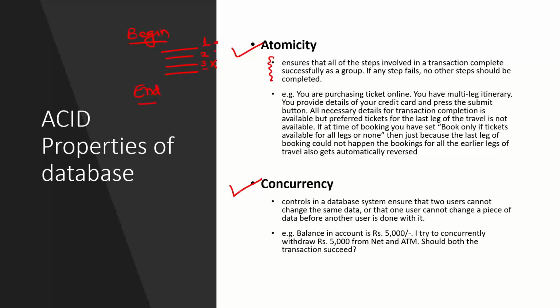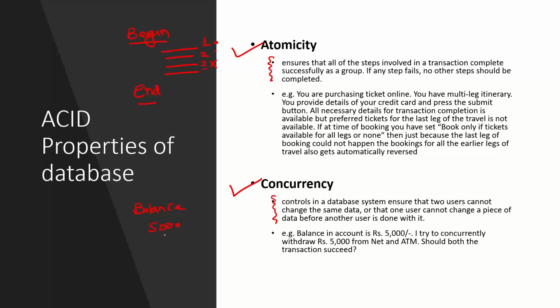Second is concurrency. What it means is two users cannot change the same data at one given point of time. Let's take a simple example. The balance in my account, in an account table, is say 5,000 rupees. I try to do two transactions almost simultaneously, one through mobile banking and another through net banking, transferring 5,000 rupees.